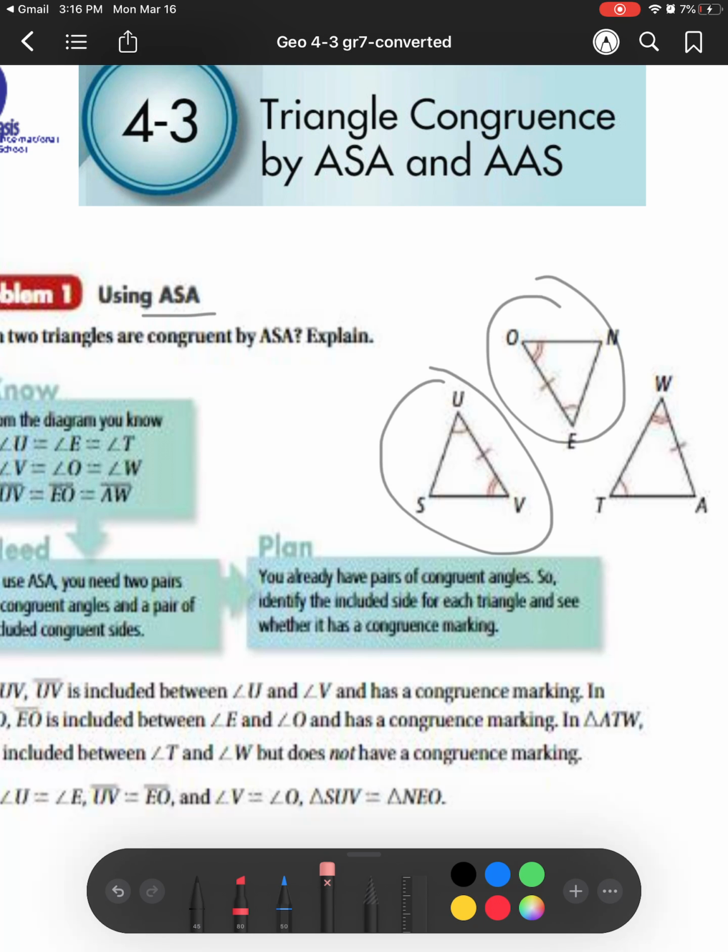So without solving, I can say that this pair is the congruent triangles pair. Why? Because angle U equals angle E, angle V is congruent to angle O, and UV is congruent to OE. That's why our pair of triangles is, as written here, SUV congruent to NEO.